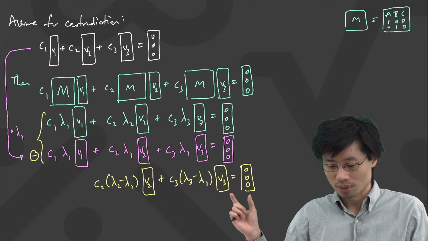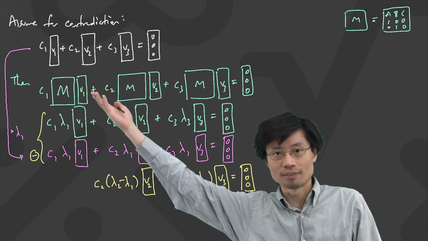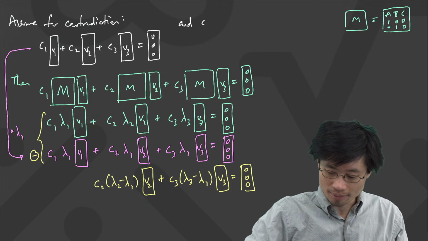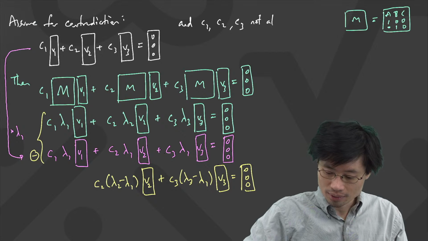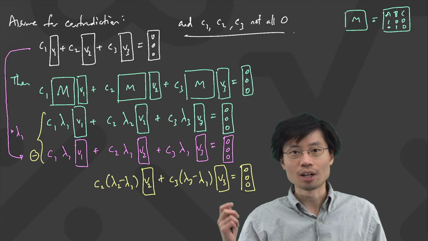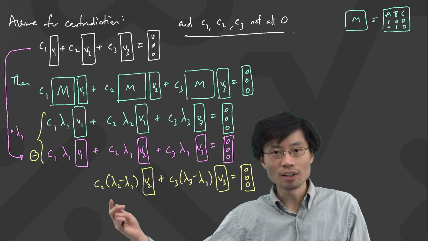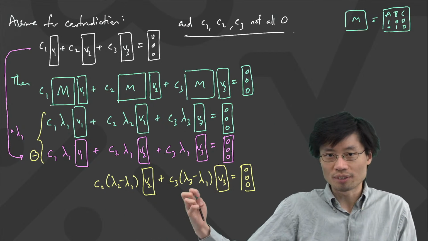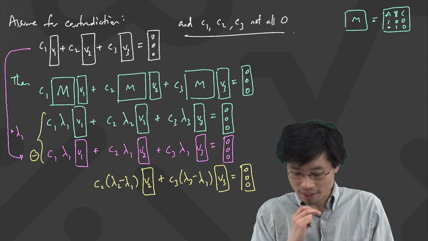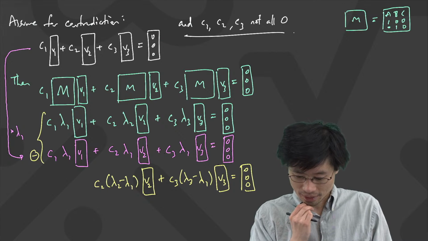We assume for contradiction that we have these things, and I should have said that C1, C2, C3 are not all 0. As long as both of these coefficients are not 0, I've found that V2 and V3 are rescalings of each other. Wait a second, how is that a contradiction? Just a second.